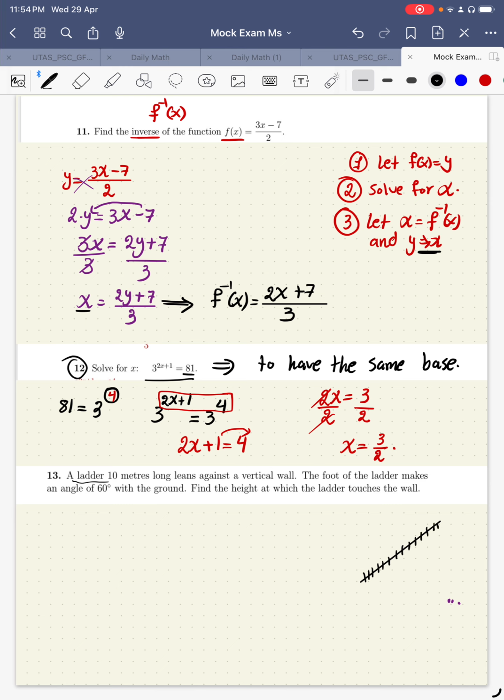Okay, this ladder is 10 meter long, and also it leans against a vertical wall. So that's my vertical wall here.